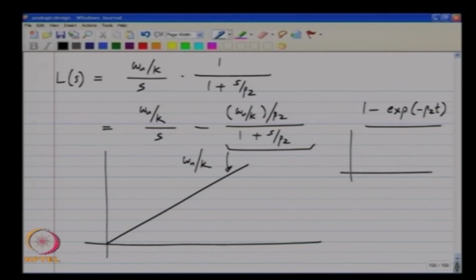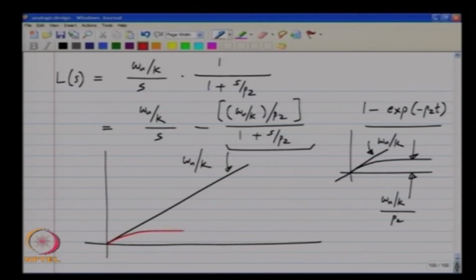It has this particular shape, and because of this particular factor, the height of this will be omega u by k divided by P2, and the slope at the start will be exactly equal to omega u by k. Okay. So, that means that we have to subtract something like this from the black curve, and both of them have the same initial slope, and the height of this is omega u by k divided by P2.